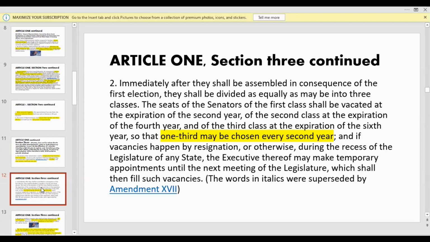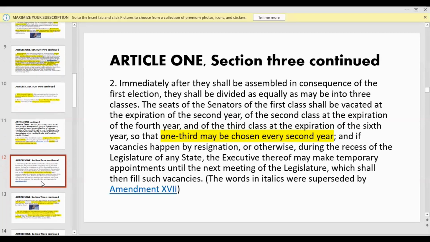So they said that for the very first Senate, this only happened at the very beginning of the federal government, 1/3 of the new senators would get a 2-year term, 1/3 would get a 4-year term, 1/3 would get a 6-year term. And from then on, their terms were 6 years long. That allowed for this continuity of government problem.